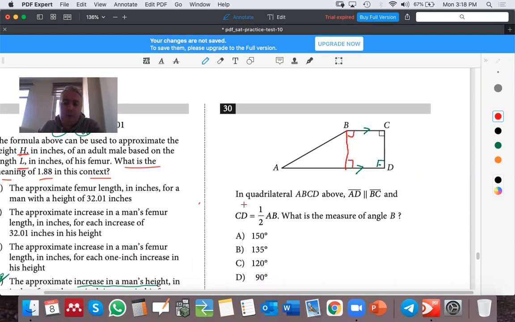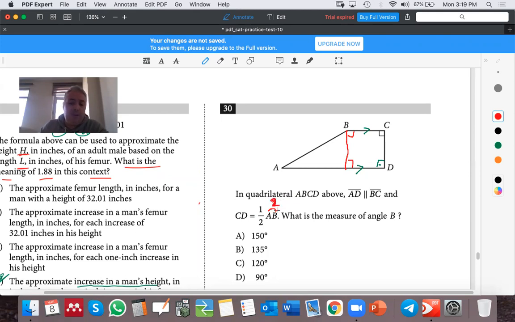Now I am ready to read the question. So the first impression, when I see the question, I just did this. Now let me read. In the quadrilateral ABCD, AD is parallel, okay. CD is 1/2 AB. What does it mean? If I call AB 1 unit, CD will be 1/2. I didn't like this. Let me call this 2 units.